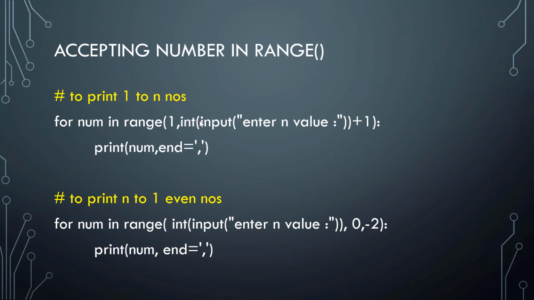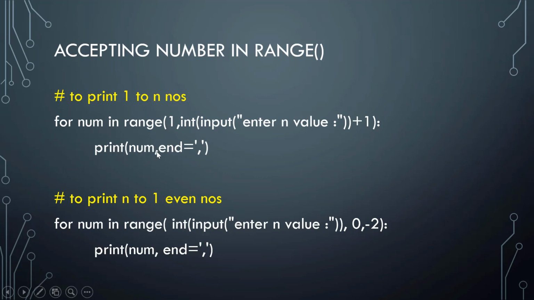If you say num plus 1, it will go from 1 to n numbers and every number plus 1 means it will become one more: 1 plus 1 is 2, 2 plus 1 is 3, like that. 1 extra will come.